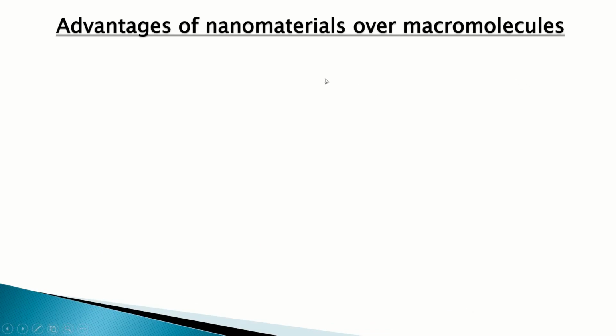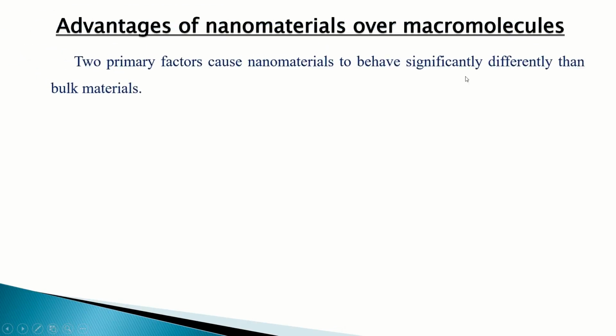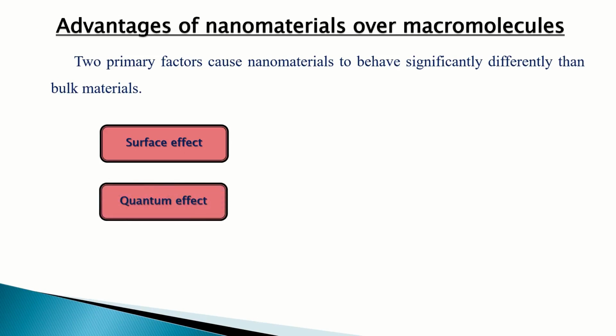Next, we are going to see the advantages of nanomaterial over macromolecules. There are two primary factors which make nanomaterials more superior than the macromolecules. The first factor is surface effect, and the second factor is quantum effect.